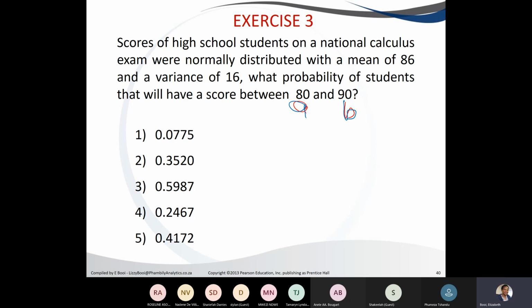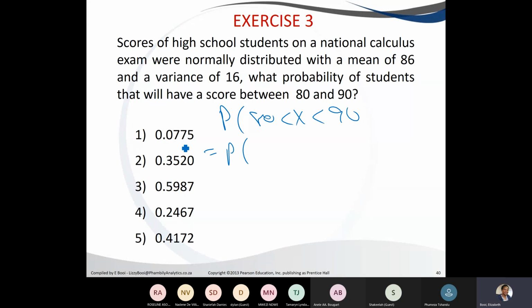Okay, so this one should be easy because we did calculate the values earlier on during the session. So the probability that X lies between, let me write it on top because then I will run out of space. Calculating the probability that X lies between 80 and 90.